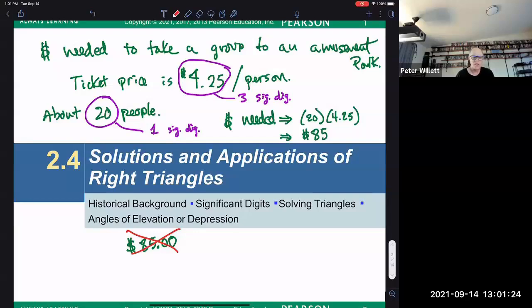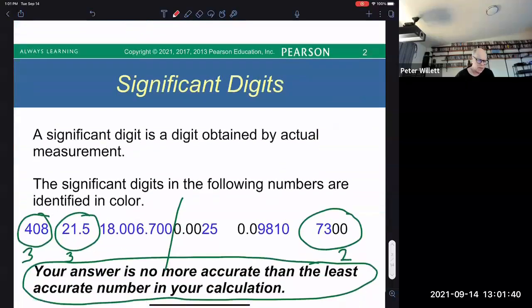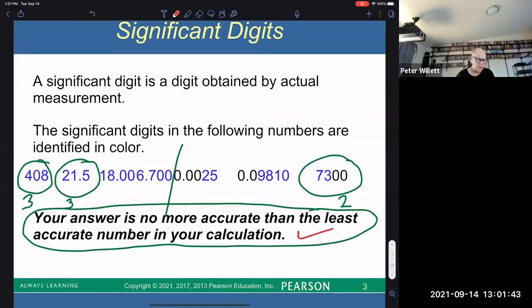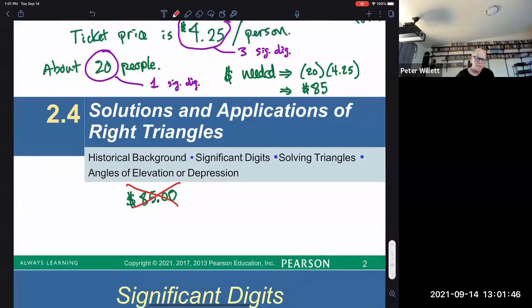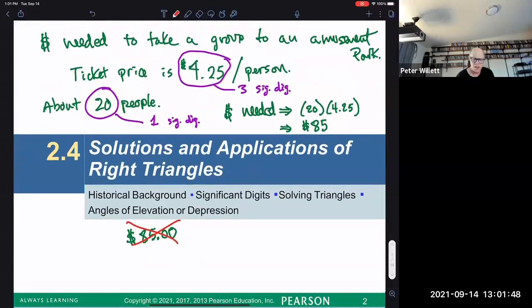Basically, the price of the ticket was a much more accurate measurement to help us with the cost than the number of people, because there were 3 significant digits of measurement with the price and only 1 significant digit with the people. So what they're saying when they say that your answer is no more accurate than the least accurate number in your calculation, that means when you write your answer, you should take the $85 and use only 1 significant digit, because then its accuracy in your answer matches the least accuracy in the numbers that you use to get that answer.